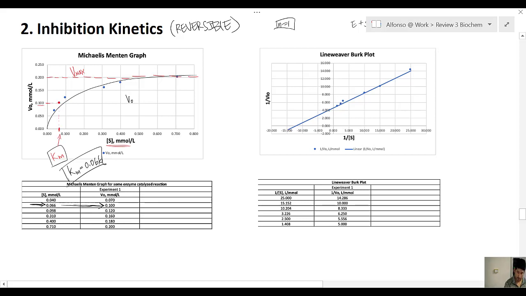All right, so that's what you have to do for Michaelis-Menten graphs, and the equation that gives you a Michaelis-Menten graph is this one right here. Initial velocity is equal to Vmax times the substrate concentration over Km plus the substrate concentration.